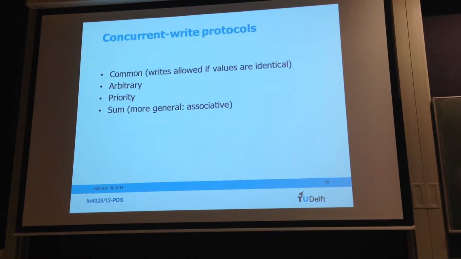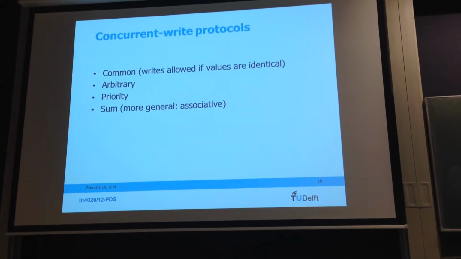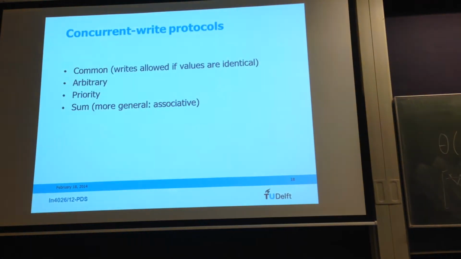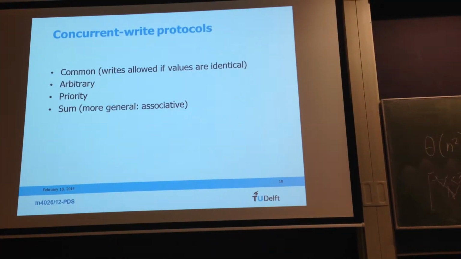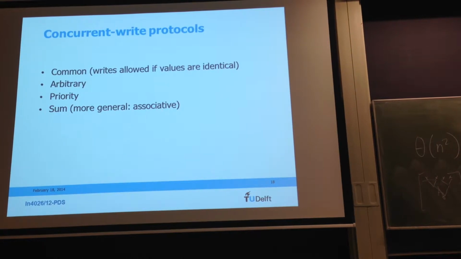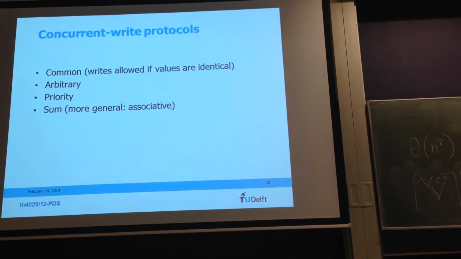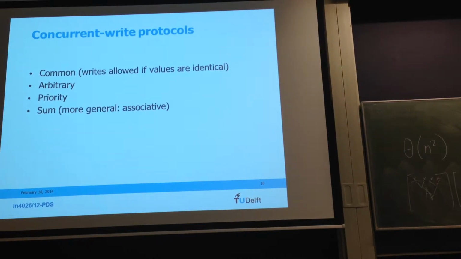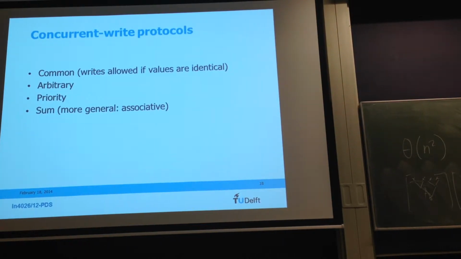So either allow common writes if the values are the same, right? But that's kind of trivial. If both try to write 5 in a memory location, then either one is okay. Or in arbitrary order, which sometimes is good, but sometimes not, depending on the application.